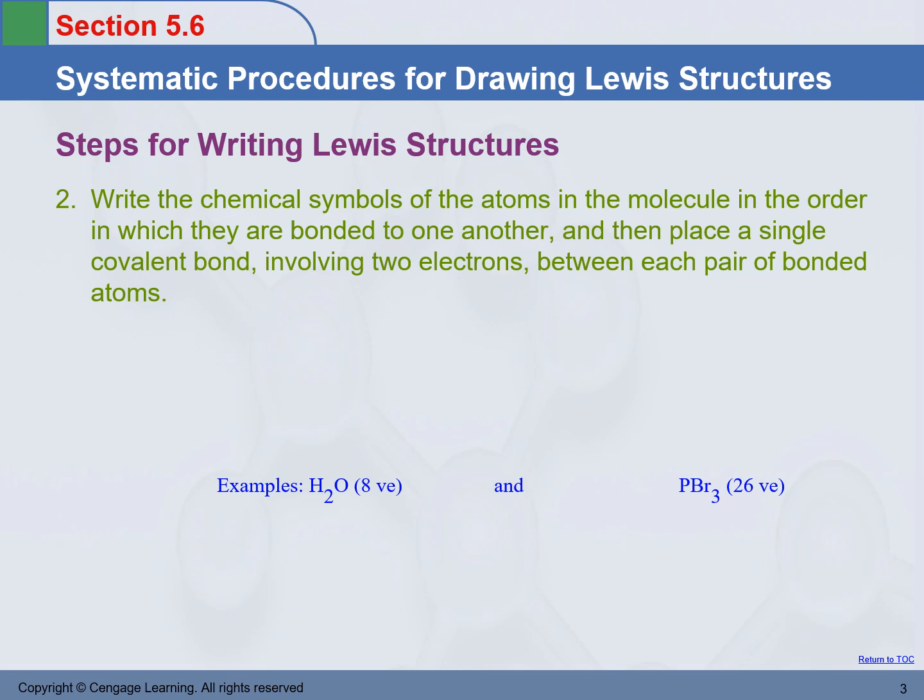Now here is the problem. How do we know how the molecules are connected? How do we know the sequence or the locations they are in? If I know that, I can connect them with a single bond. That's not a problem. But how do we know that?